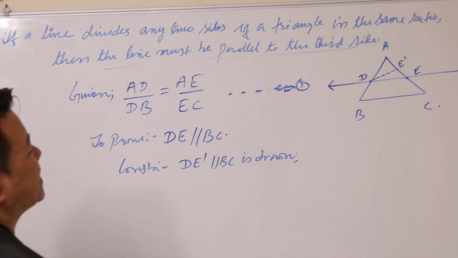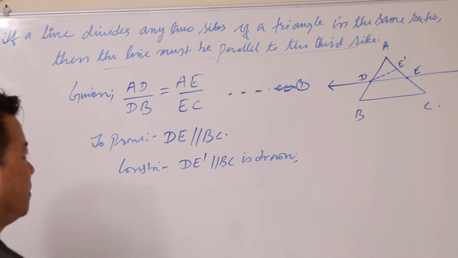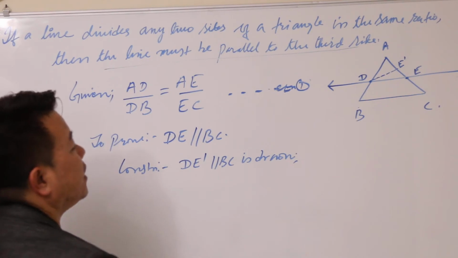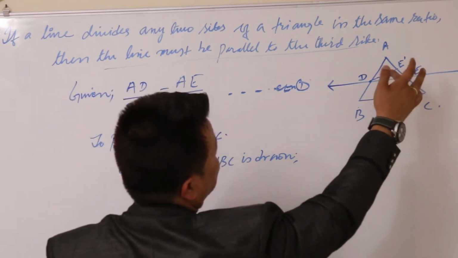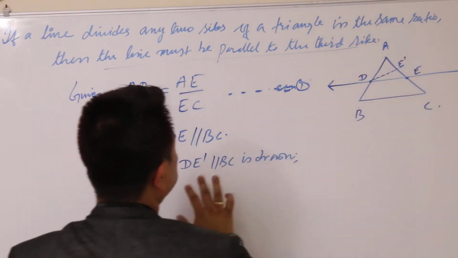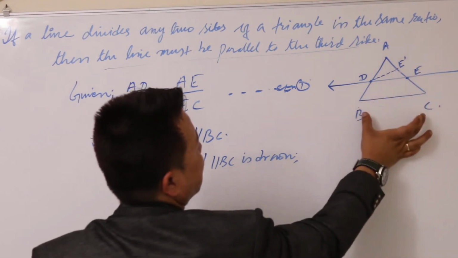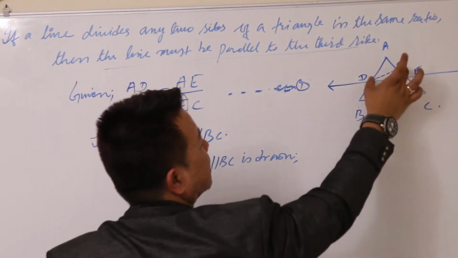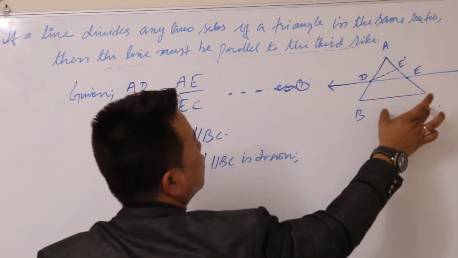Now from the basic proportionality theorem, Thales theorem, which we have done in the previous class: if DE dash is parallel to BC, then a line parallel to one side which intersects the other two sides divides them in the same ratio. So just see this triangle A, B, C: DE dash is parallel to BC.